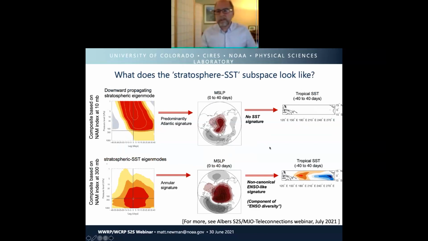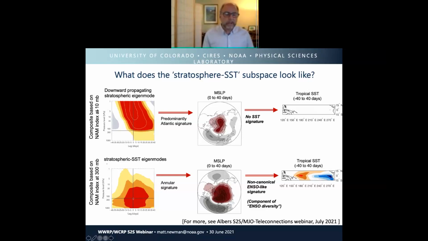So first, what does this space look like? I'm not going to go into this in a lot of detail. John actually has a teleconnections webinar next month where he's going to talk a lot more about this. He's looked a lot more at the implications of our LIM on stratosphere-troposphere coupling, and how things play out relative to the Baldwin and Dunkerton paint dripping.